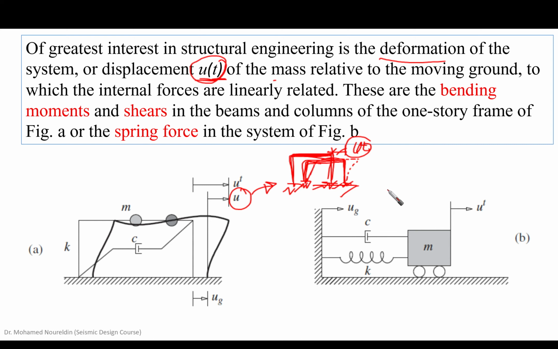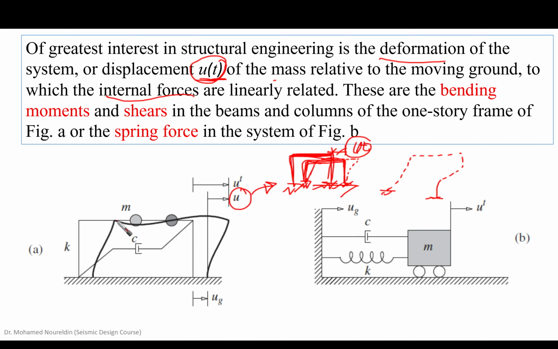So we need to understand what deformation happened to the structure. This kind of relative movement, I'm talking about u, would make the internal forces be induced. These are the bending moments and shears in the beams and columns of the one-story frame that is going to be here.